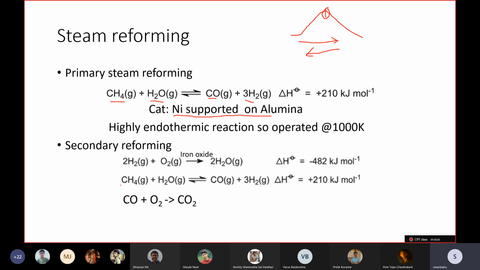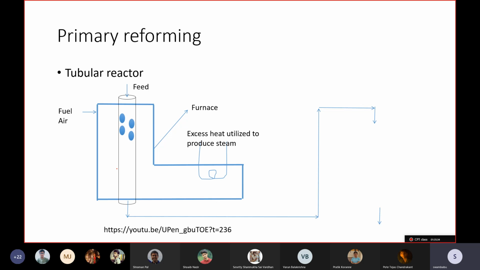Again, we have these reactions take place. So this is the typical primary reforming reaction, the primary reforming reactions.